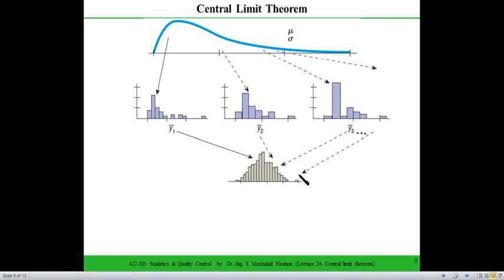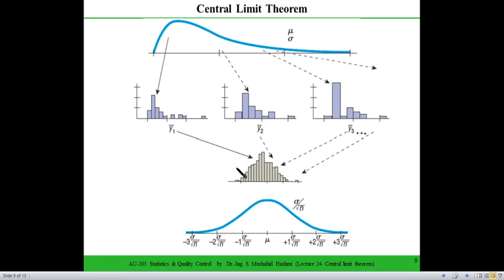It gives you a normal distribution having a mean value mu, and the standard deviation would be sigma over root n, or the variance would be sigma square over n. So this would be the visual picture of the central limit theorem.